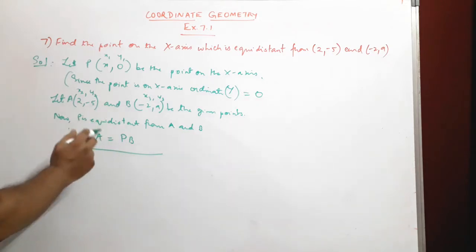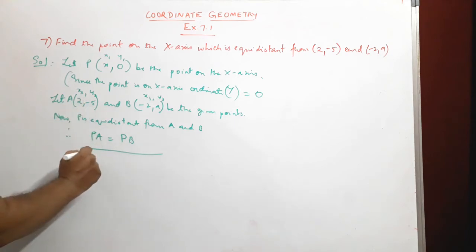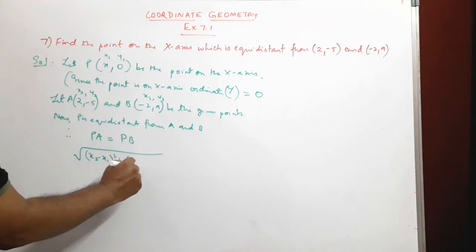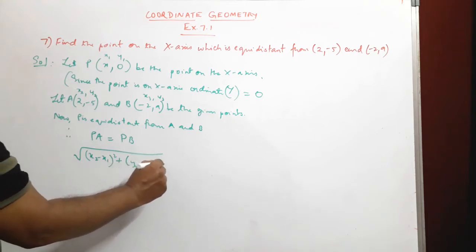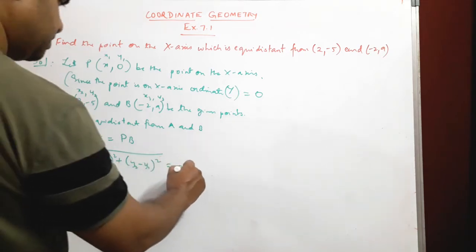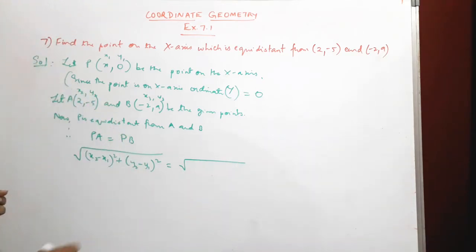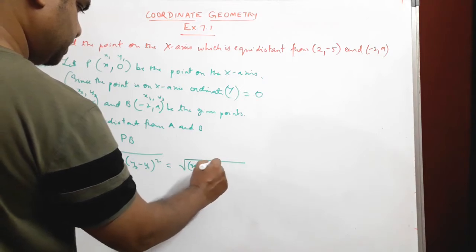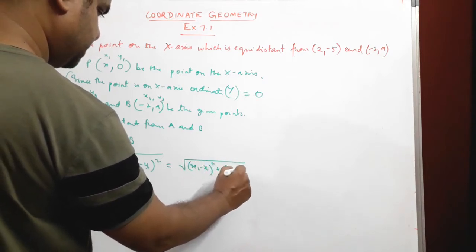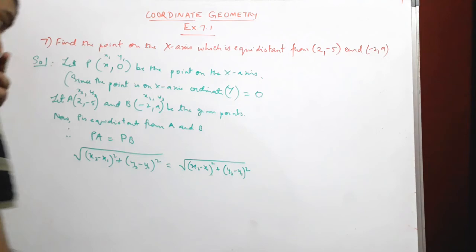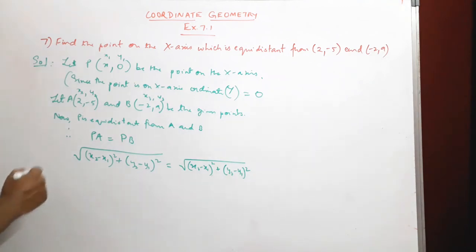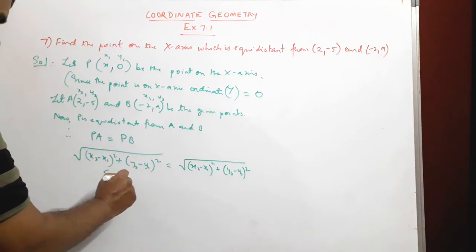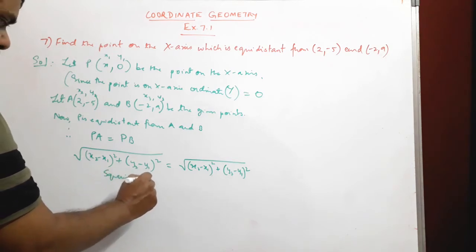So P and A, take x2 minus x1 whole square plus y2 minus y1 whole square, equal to x3 minus x1 whole square plus y3 minus y1 whole square, all under square roots. Fine. Now what we'll do is we need to get rid of this square root sign, so we'll square on both sides.